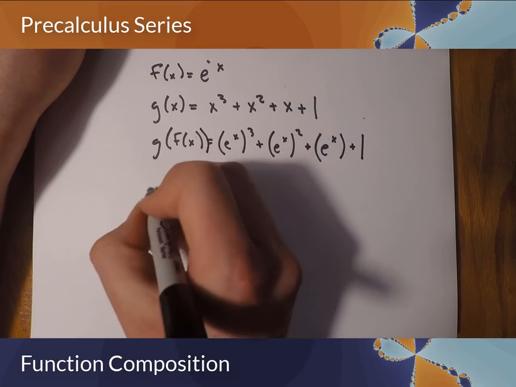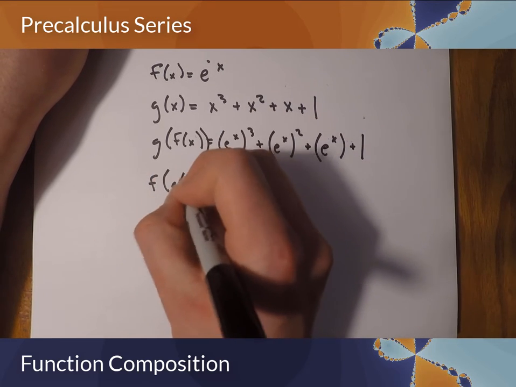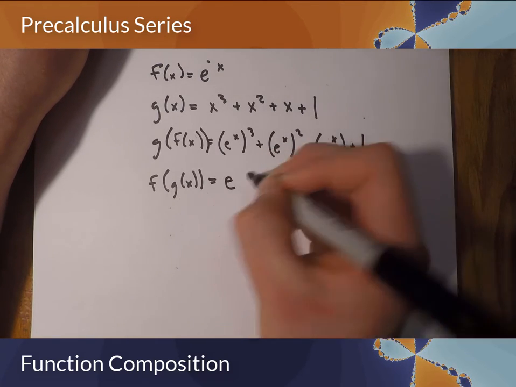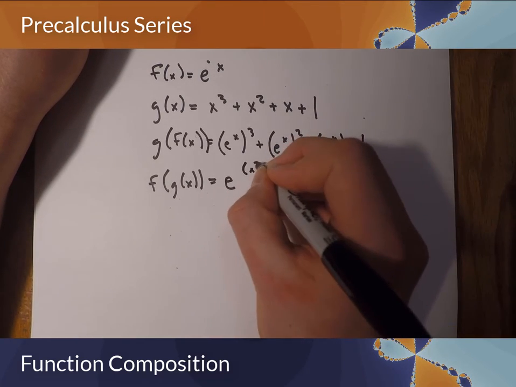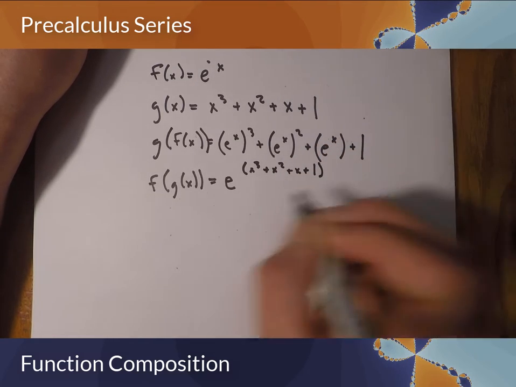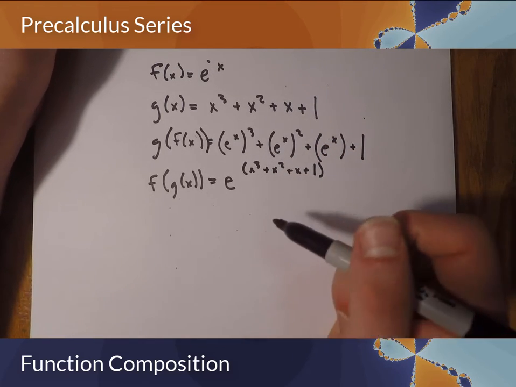Now, if it was the other way around, f of g of x, it would be equivalent to e to the x cubed plus x squared plus x plus 1. So you can kind of see just how you're summing them in together.